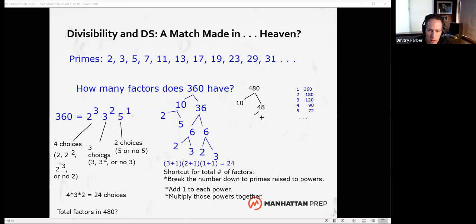Then 48, you could do, if you wanted, 4 times 12. But I'm going to do instead, to show, because we had 6 times 6, now we're going to do 6 times 8. Okay, so it's very similar to the other one.